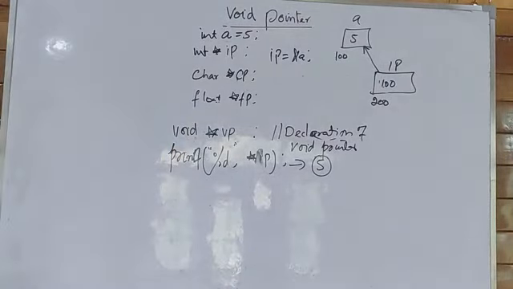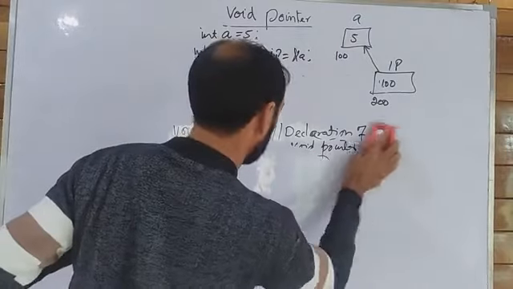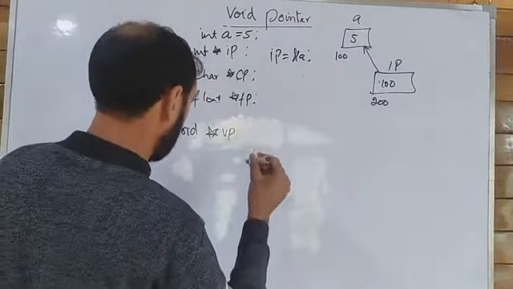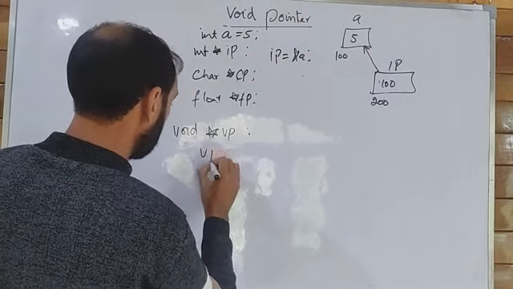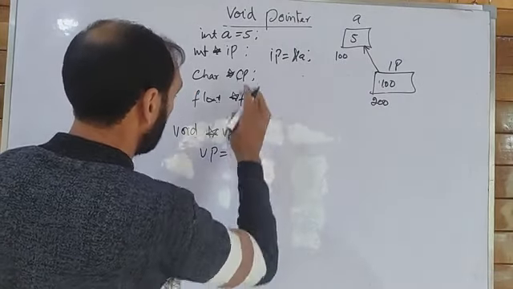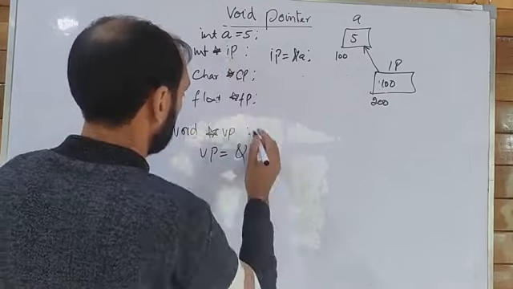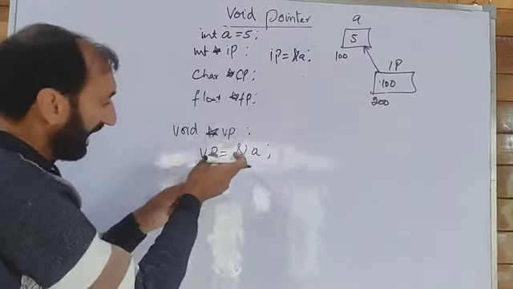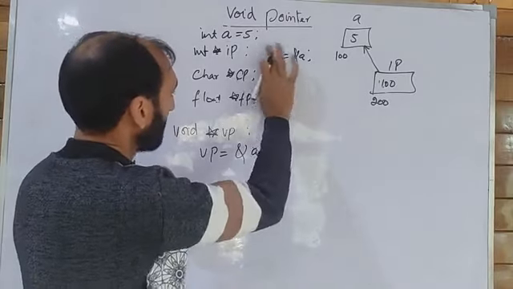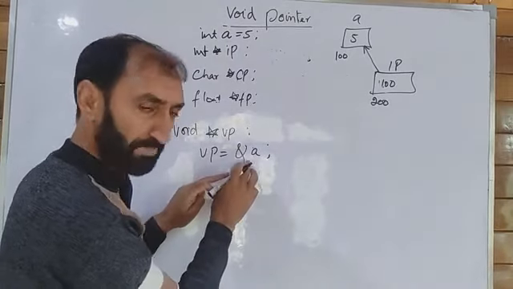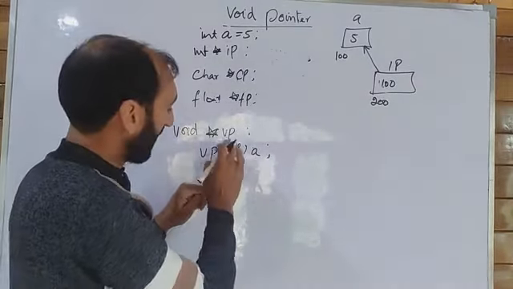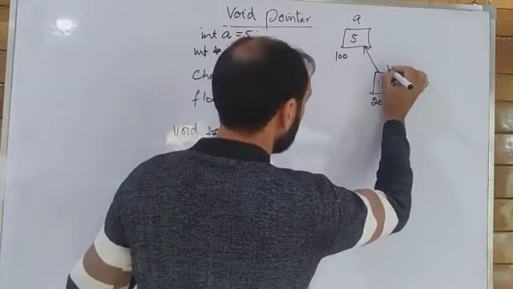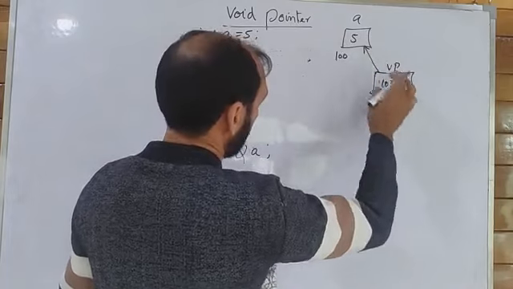Now take VP equal to address of a. VP is a void pointer, and assume I assign the address of a to it. The address of a is 100.